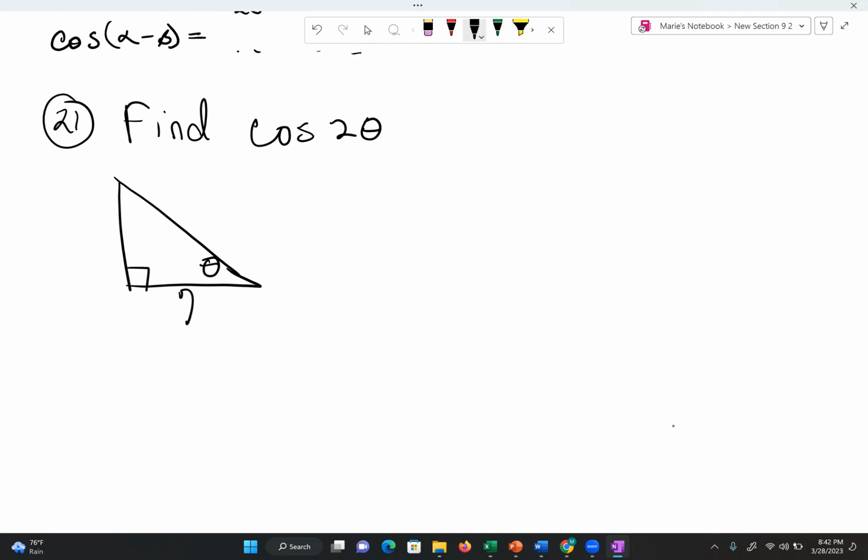So we have 7, 24, 25 as a value. So what I want you to first consider is, well, if I'm using cosine 2 theta, I have several choices, but I think I'm going to go with cosine 2 theta is equal to 2 cosine squared theta minus 1.